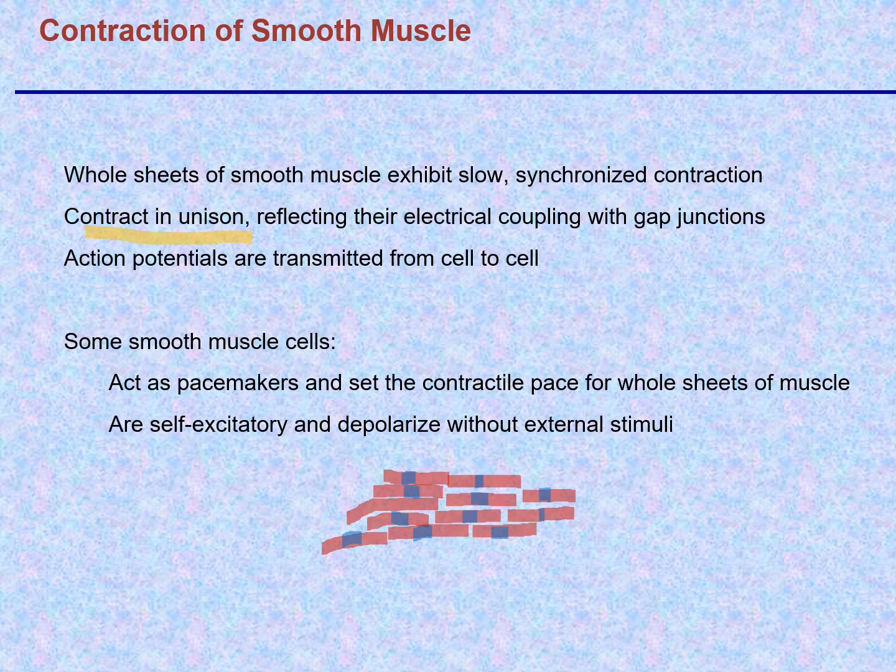So action potentials that are generated because of the activity of the autonomic nerve fibers will spread in a certain area. For example, when you have peristaltic contraction in the GI tract, it is in one area and then progresses typically down the length of the GI tract.